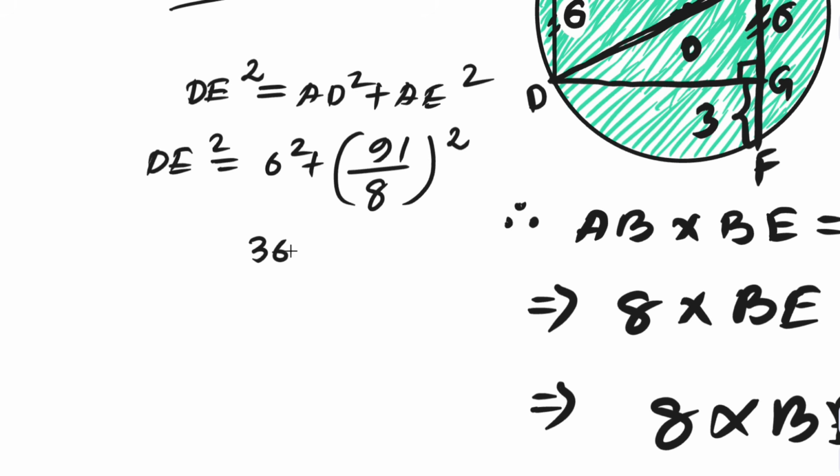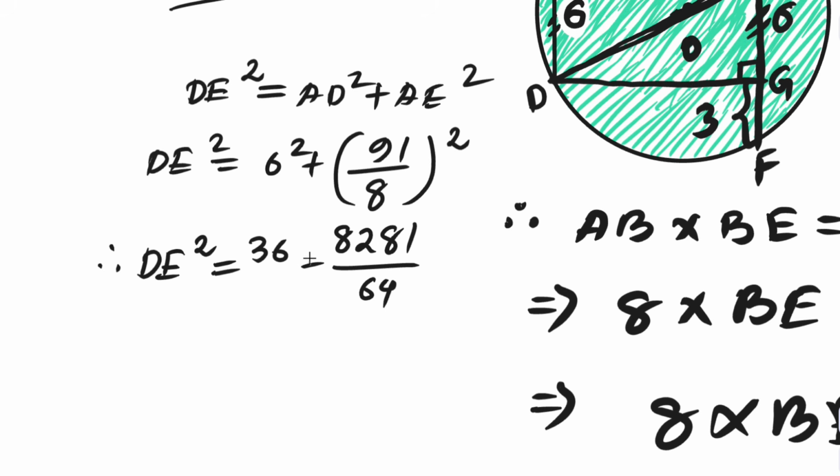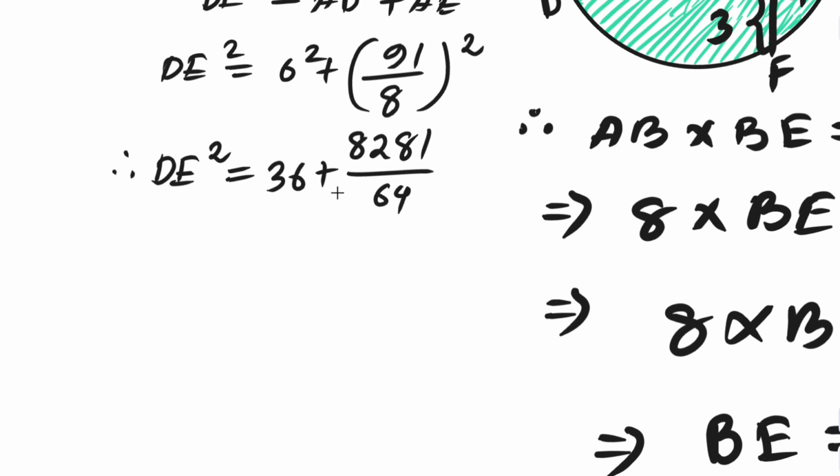Substituting our values gives DE squared equals 6 squared plus the quantity 91 divided by 8 whole squared. 6 squared is 36. 91 squared is 8,281, and 8 squared is 64. Therefore, DE squared equals 36 plus 8,281 divided by 64. To combine these terms, let's write 36 with denominator 64. 36 equals 2,304 divided by 64.